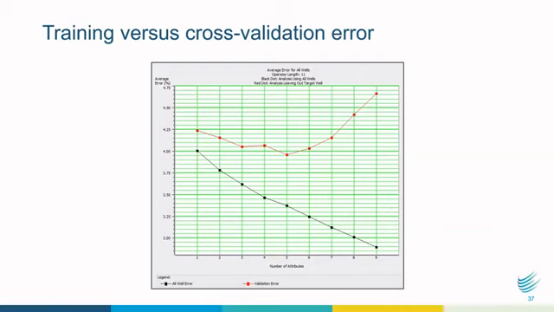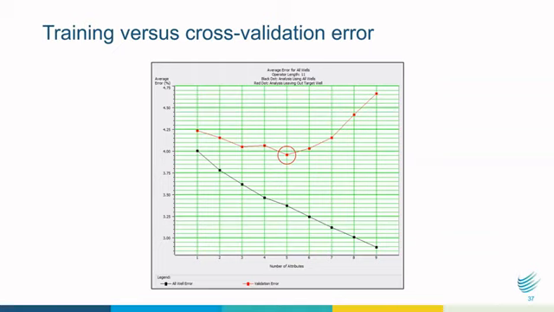Note that the training error will always be decreasing, but the cross-validation error at some point shows its minimum, after which the attributes overpredict the target log.